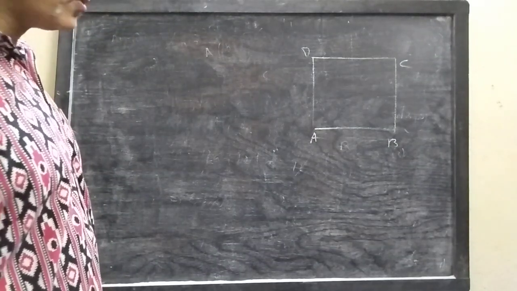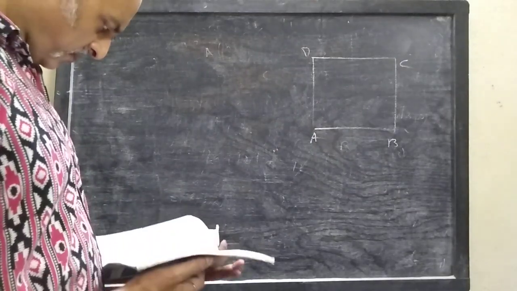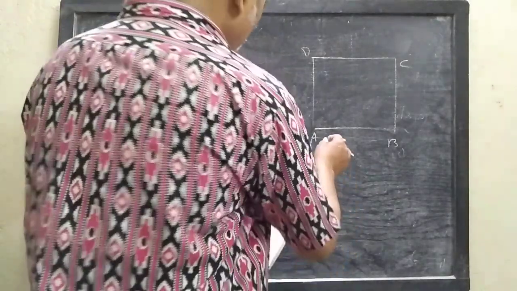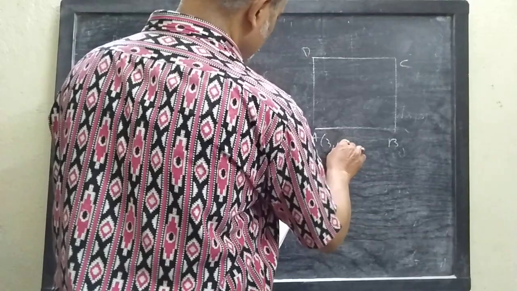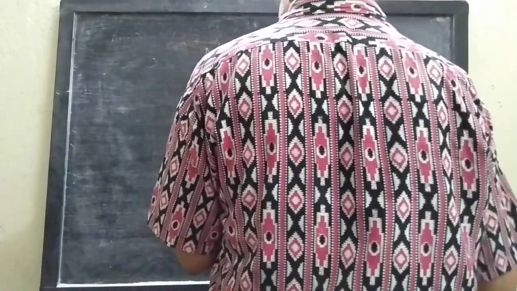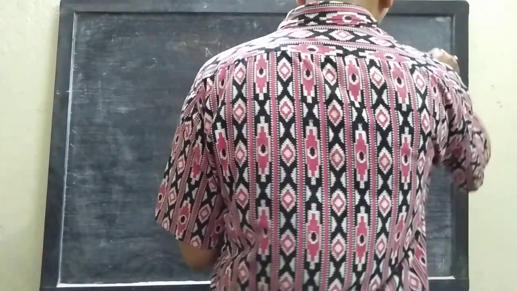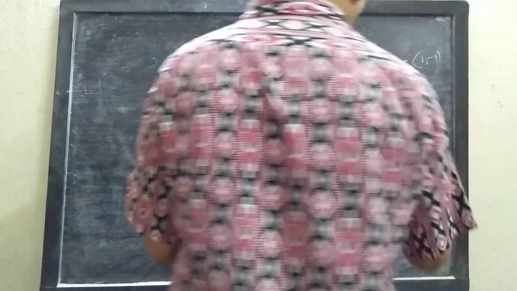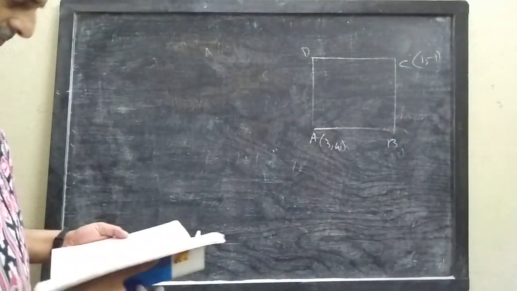This is a very important question. Say A is (3, 4) and C is (1, minus 1), and you are asked to find coordinates of B and D.